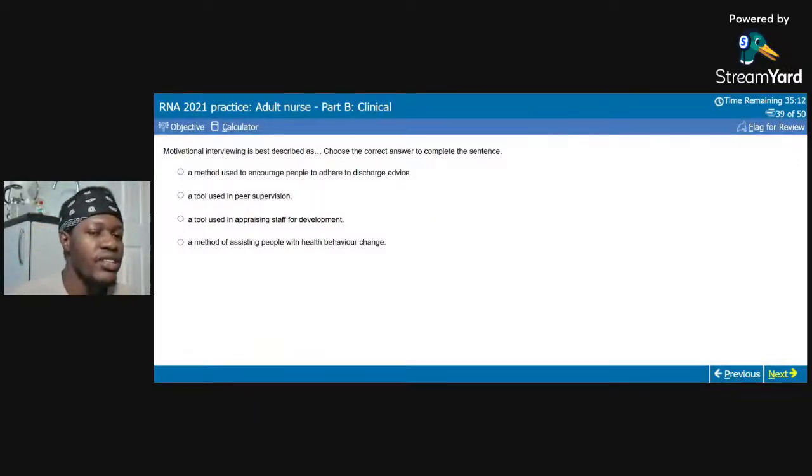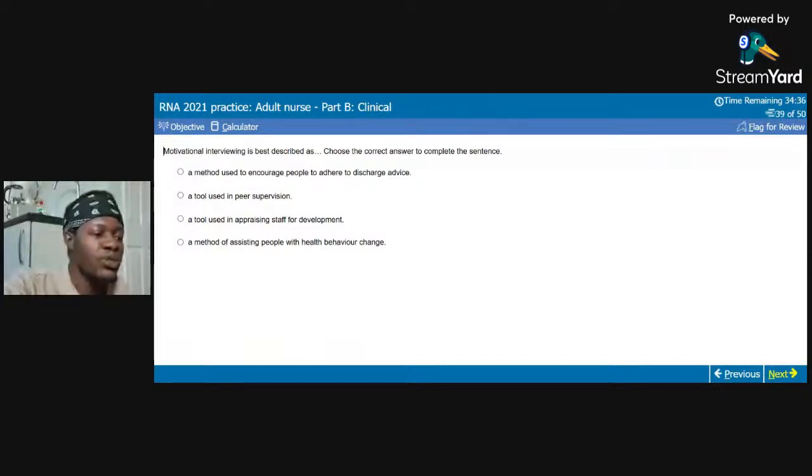A motivational interview is best described as, choose the correct answer to complete the sentence. A method used to encourage people to adhere to discharge advice. A tool used in peer supervision, no. A tool used in appraising staff for development. A method of assisting people with behavior change.